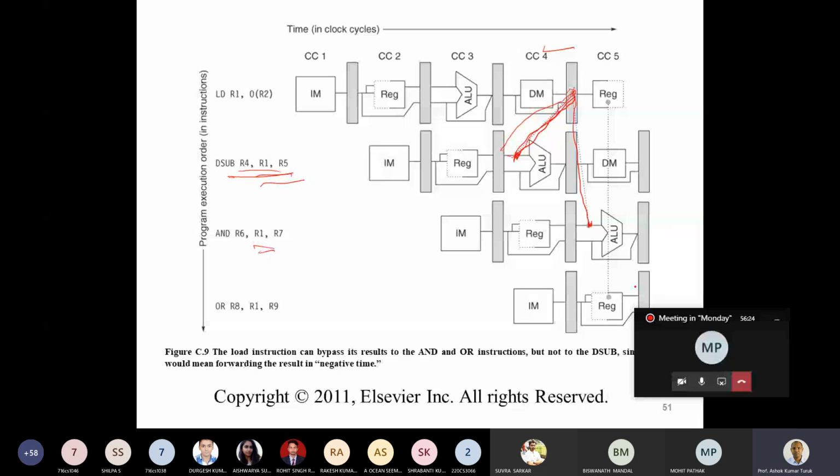it's not always possible to eliminate a stall, but there must be some mechanism to detect a hazard. And if it is not possible to avoid the stall by means of forwarding, then it must introduce a stall in the pipeline.